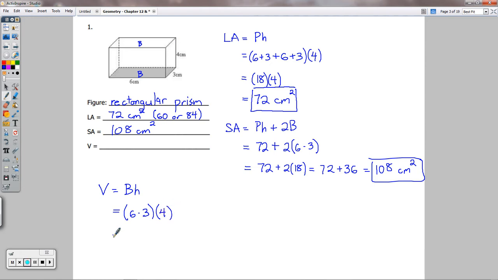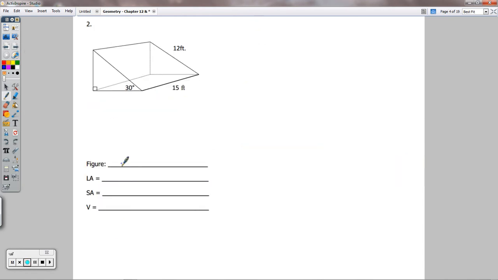So you have 18 times 4, and once again that is 72. This one's going to be centimeters cubed though. Why cubed? Because it's a volume. You're multiplying 3 measurements together instead of just 2. So 72 centimeters cubed.